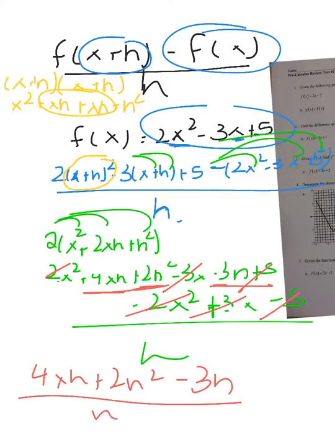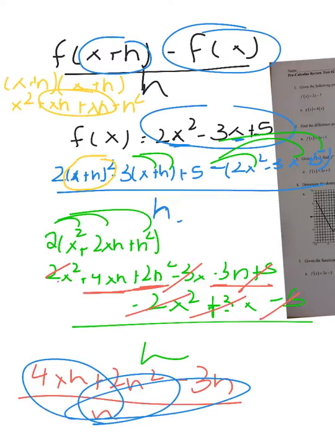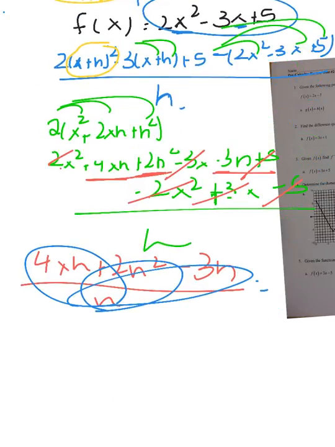And now I reduce all my h's here. So I'm left with 4x plus 2h minus 3. Okay, so let's go to number 3.